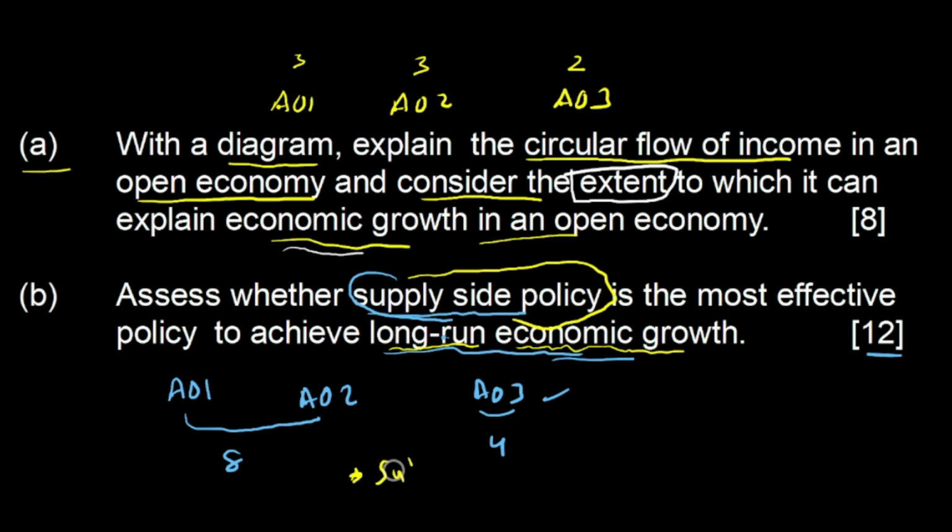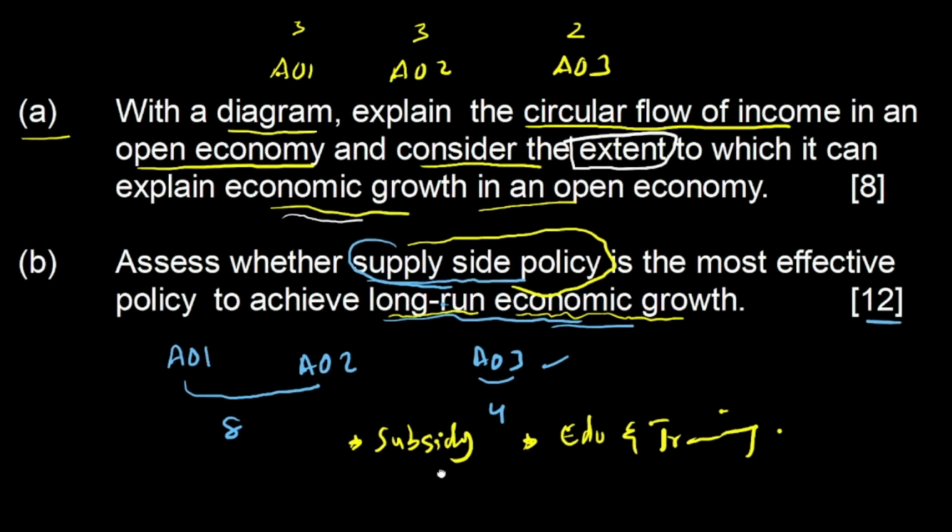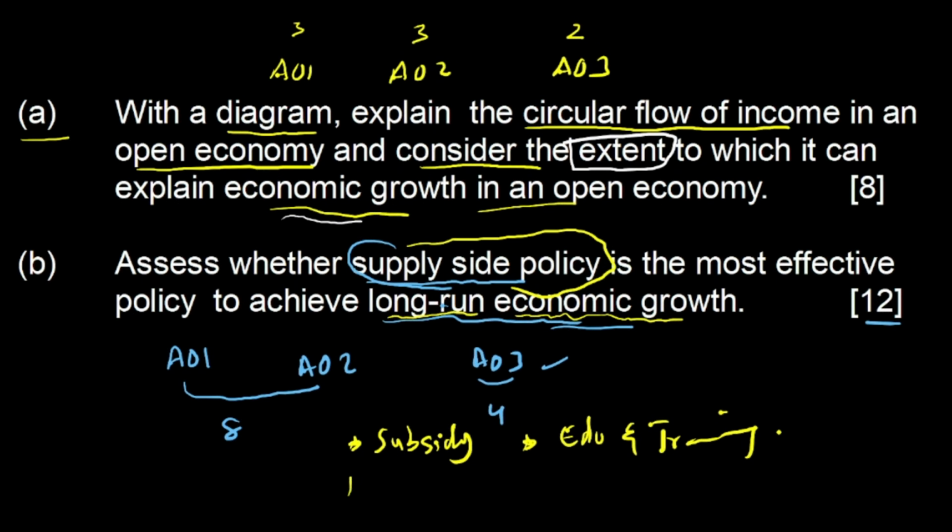So the tools of supply side policy include subsidy, education and training of workers, and there are many other things as well, like deregulation of monopoly and trade union reforms.